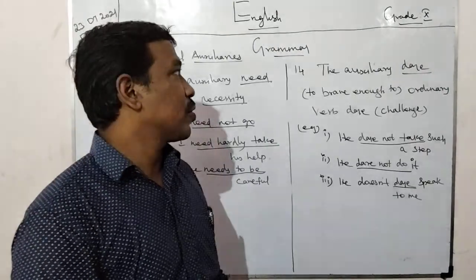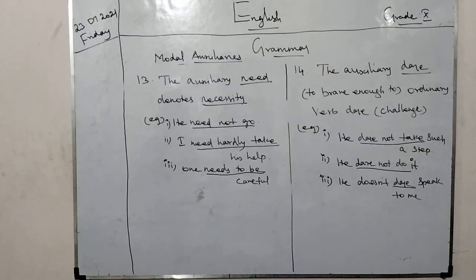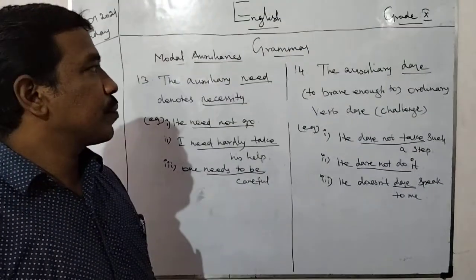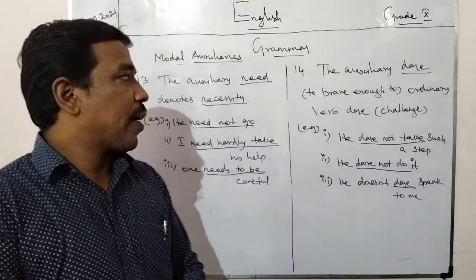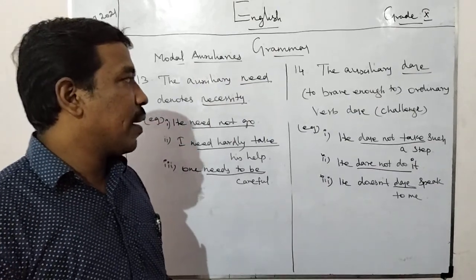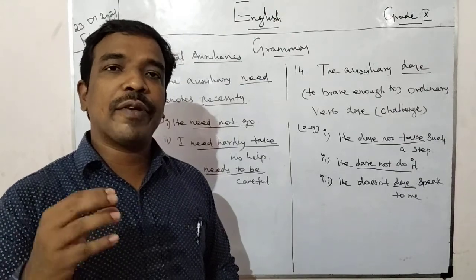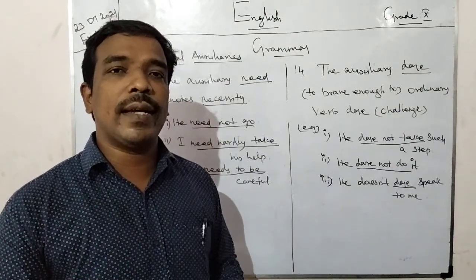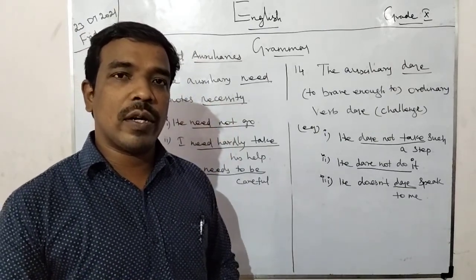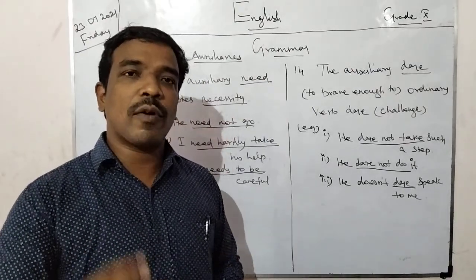Write fast, students, 14 rules. Auxiliary dare means to be brave enough to; ordinary verb dare means challenging. I asked so many students, but only a few are taking the notes correctly and reading the rules. All the other students are not taking them at all. This is the pandemic time, but at the same time years are moving.